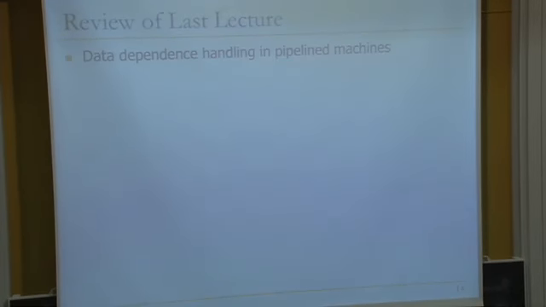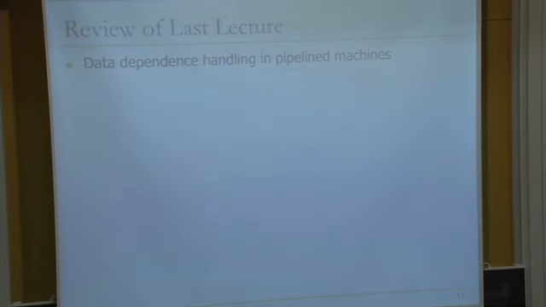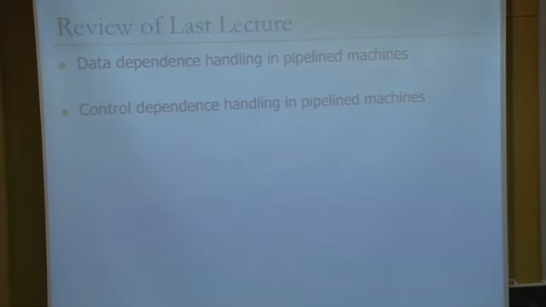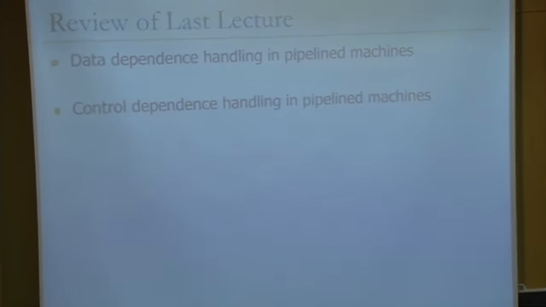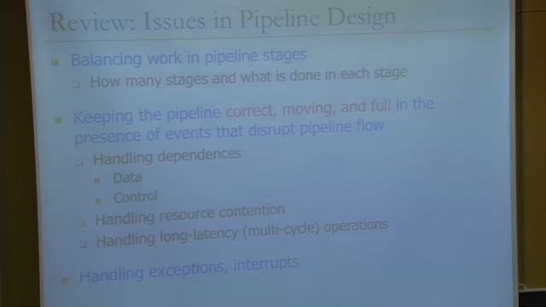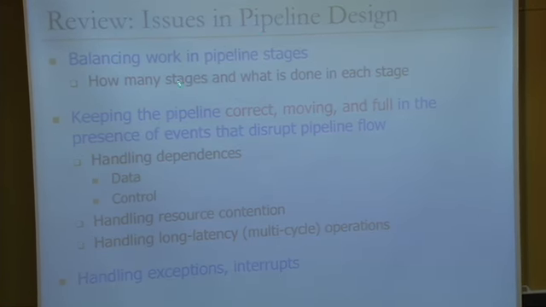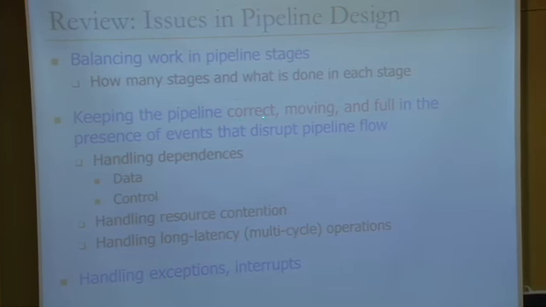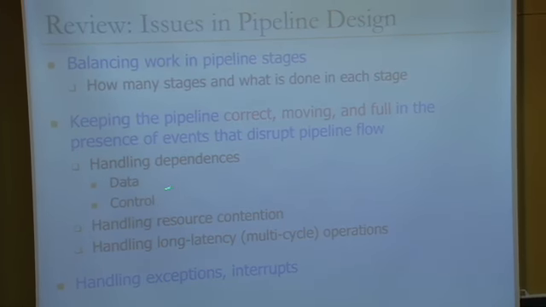Okay, last lecture we covered data dependence handling, different approaches to do this. And we also started control dependence handling. We'll continue on control dependence handling. But just to remind you, there were a bunch of issues in pipeline design. We talked about balancing work. We talked about handling dependencies to ensure that the pipeline is correct, moving, and full. And we will talk a lot about how to handle control flow today. We talked about how to handle resource contention.